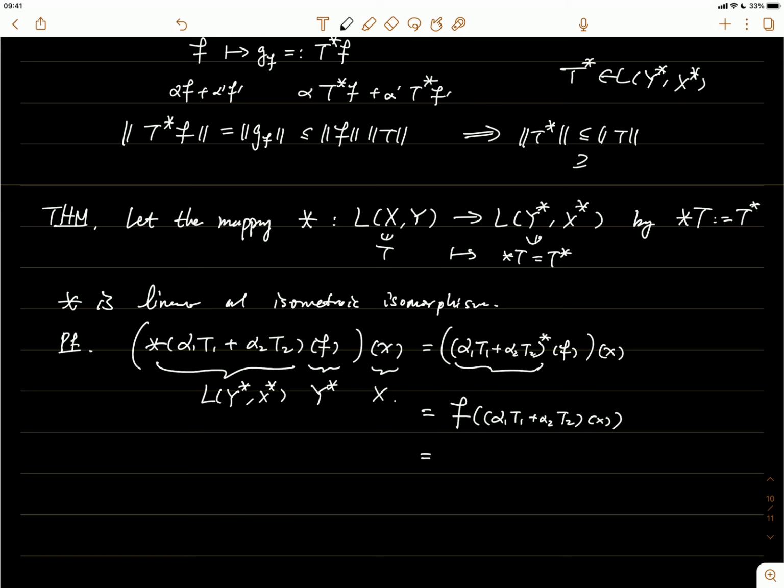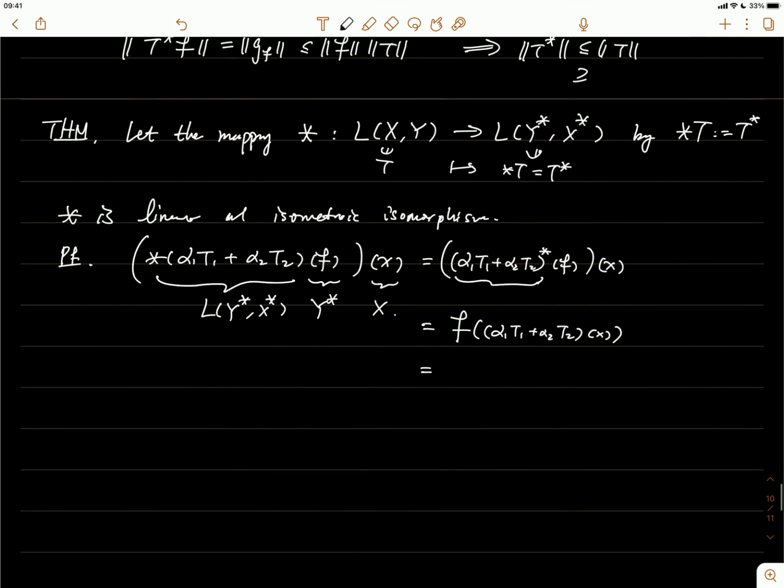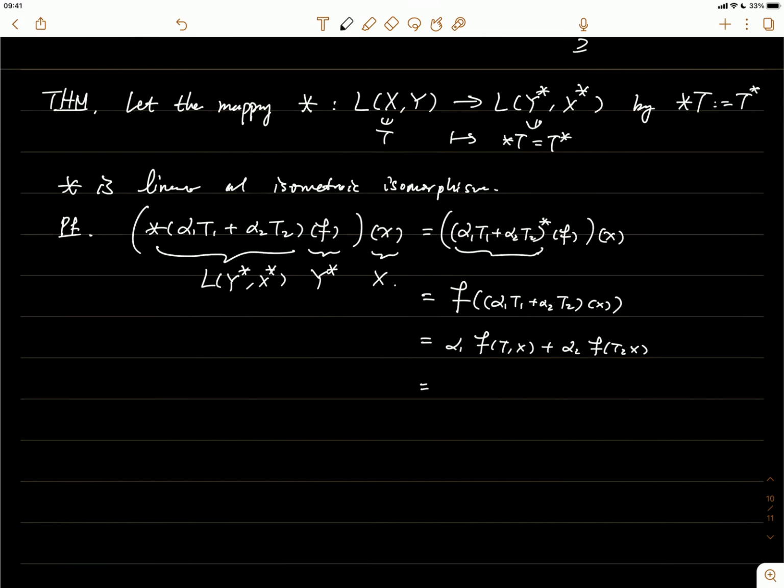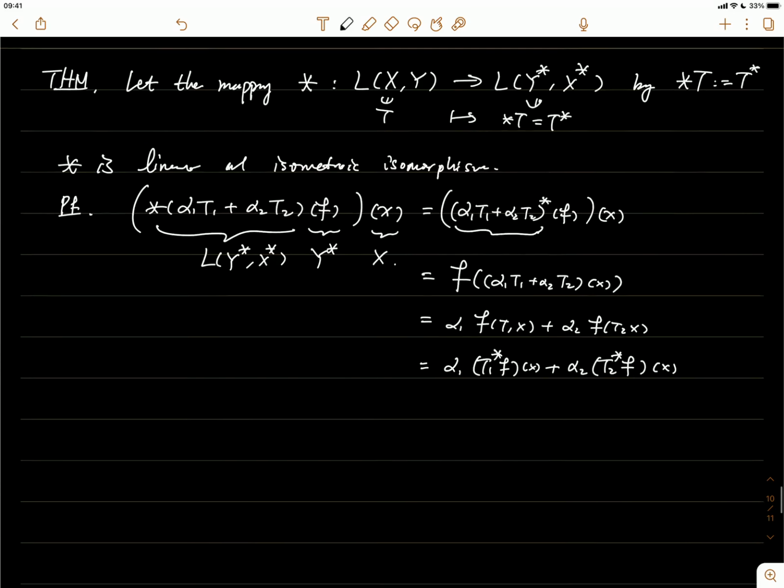And then you can apply the linearity of f and T. So you have alpha 1 f of T1 x plus alpha 2 f of T2 x. And the first one is, by definition, alpha 1 times T1 star applied to f, then x, plus alpha 2 times T2 star, the adjoint operator of T2, applied to f, then x.